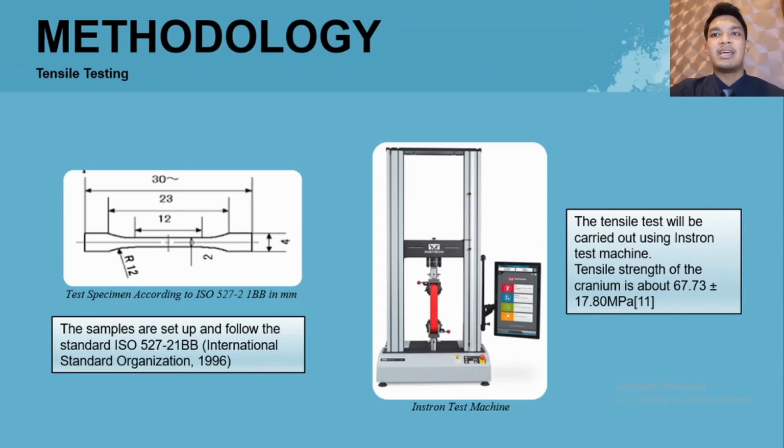Following the standard ISO 527-1 BIBI, the tensile strength of the cranium is about 67.73 megapascal with the tolerance of 17.80 megapascal. The test is carried out by using Instron test machine.